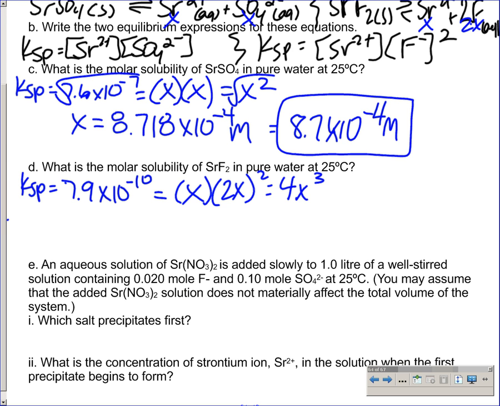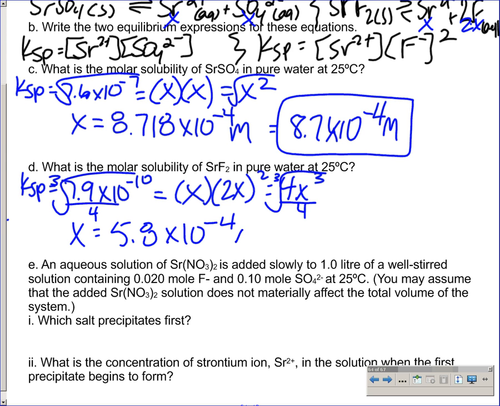Okay, so divide by 4 on both sides, and then cube root that. That gives me a lovely number of 5.8 times 10 to the negative 4th molar.